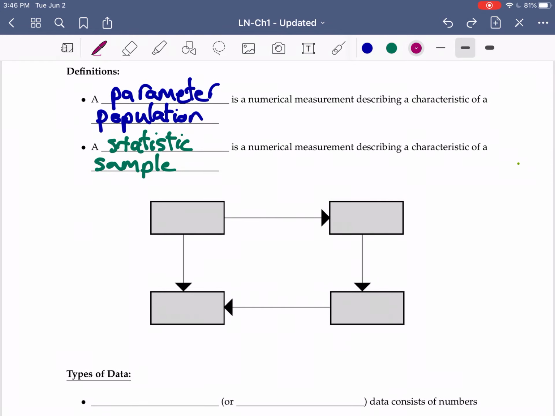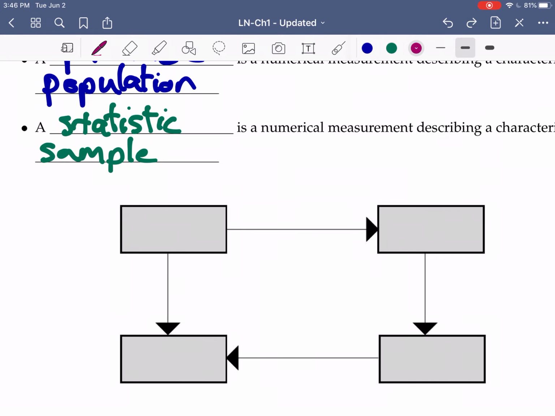We talked about this in one of our previous videos, but what we really start off with is this population. And what we would like to do is get a parameter. We want to get a number, a value, something that describes the entire population.